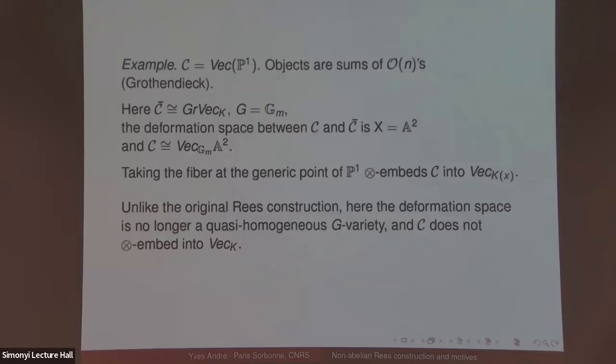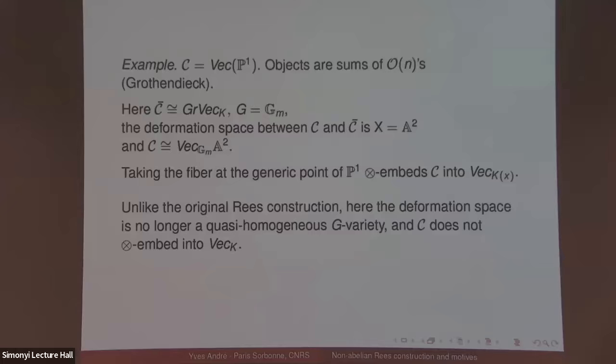Of course, the classical Rees construction is an example, but this is another one. Let's take for C the category of vector bundles on the projective line. By the famous theorem of Grothendieck, all objects are sums of rank 1 objects O(n), where n is an integer. In this case, the quotient by the tensor radical is just the category of graded vector spaces.